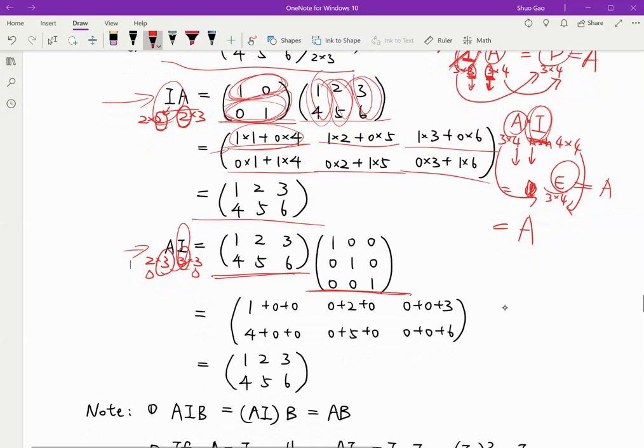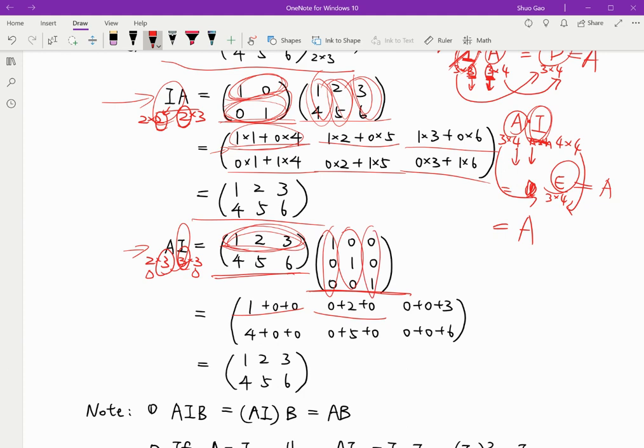We can calculate that. So here, because it's 2 by 3, the first element here should be using the first row and first column. And then the second element here should be the first row and second column. And the first row and the third column. Right?